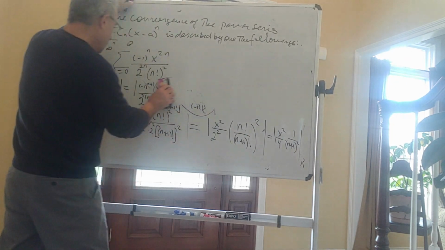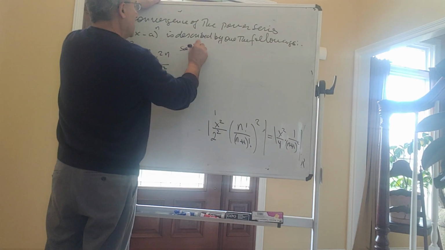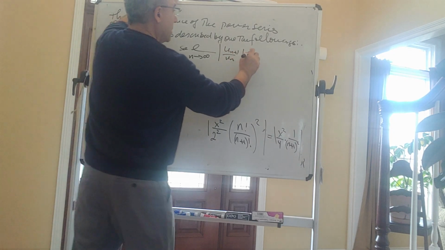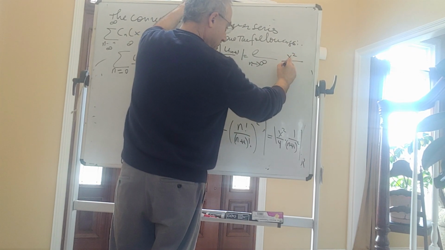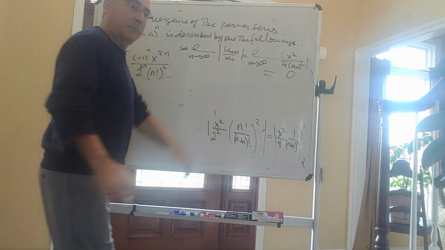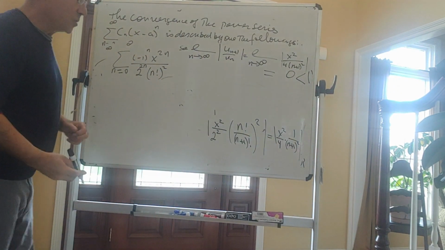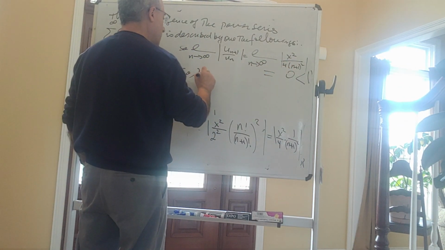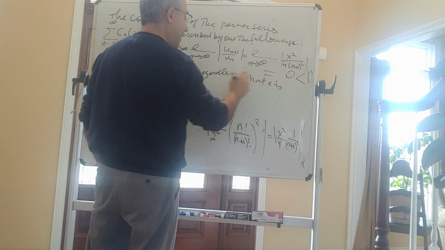Now, if I take a look at the limit as n goes to infinity of u_(n+1) over u_n, which is the limit as n goes to infinity of x squared over 4 times n plus 1 squared, guess what? That is 0. So this limit is always less than 1, regardless of what x is.